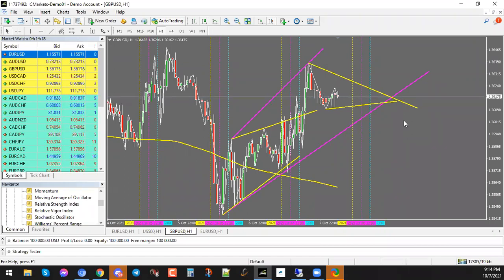So all I need to do now is just observe how the price moves in the off session. If it hits this trend line, rejects off it, hits this bottom trend line, rejects off it, then that would make for a good trade opportunity come 2 a.m. Eastern Standard. Okay, so I just watch and see how this one develops and decide if I'm going to get involved or not. Okay.